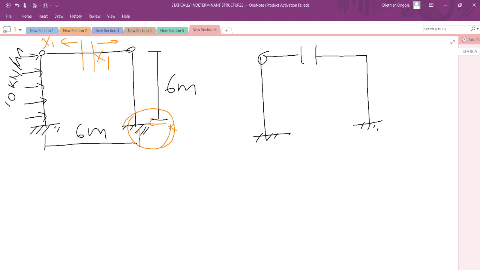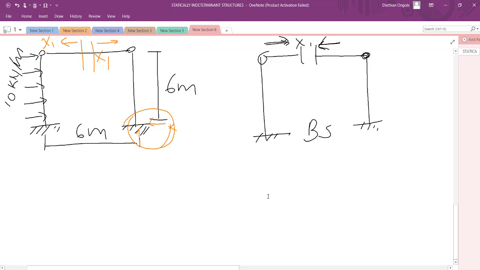For the forces, let me make them come inwards like that. It doesn't matter, any way you make it, you can do the calculations, but for this sake, let's use the forces which are showing a compression. And then here we have a hinge. So these forces have a magnitude x1. So that is our basic structure.